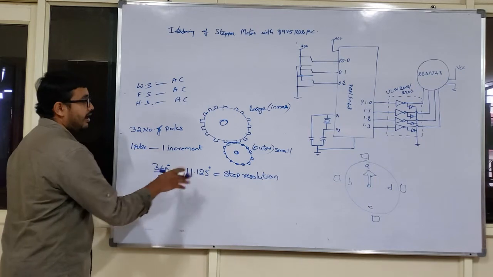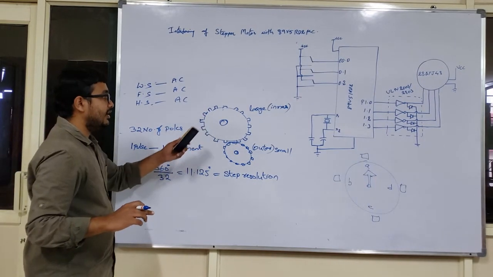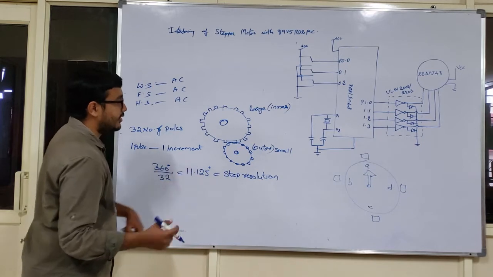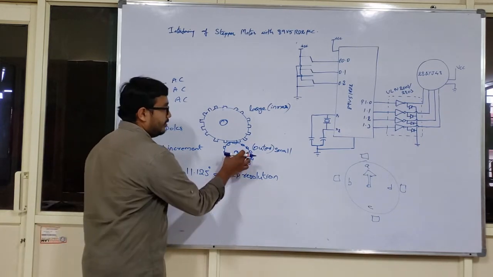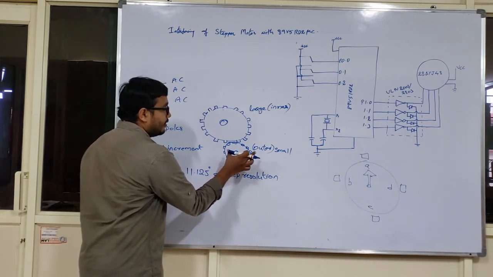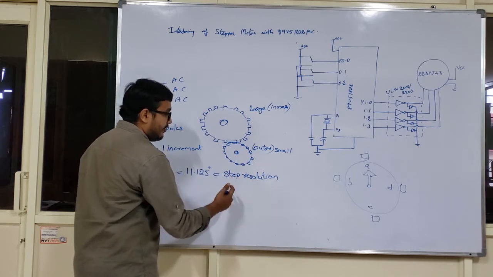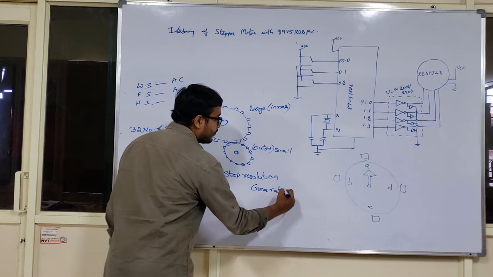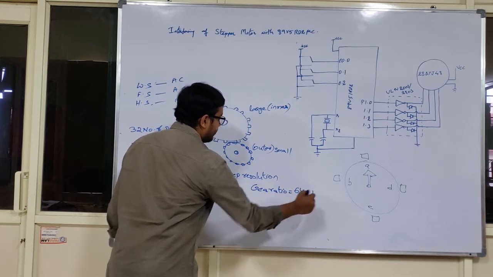Okay, so I have got the step resolution of the larger gear, and what will be the step resolution for your smaller gear? This outer gear, or the small gear, has a gear ratio of 64:1.